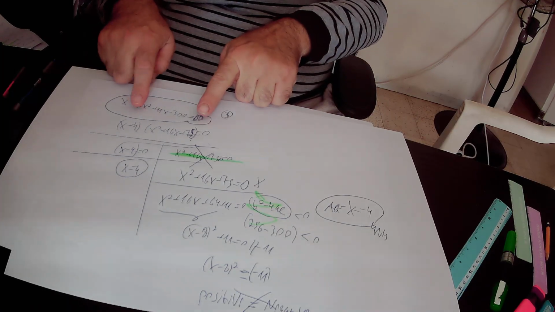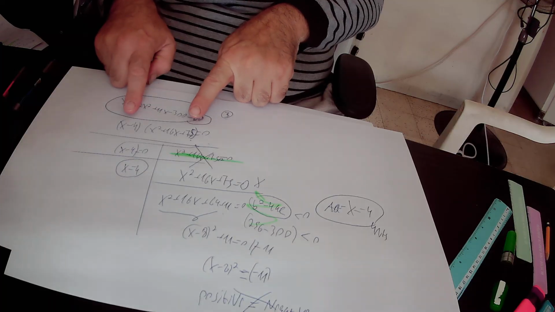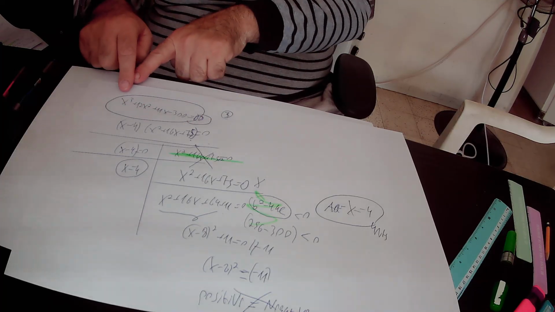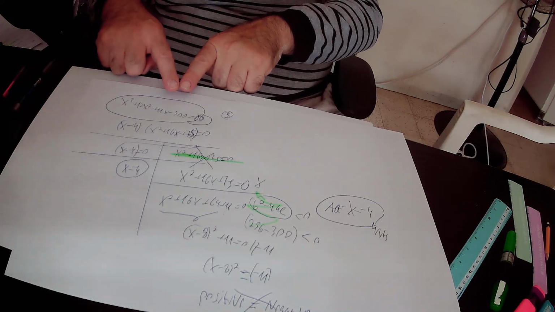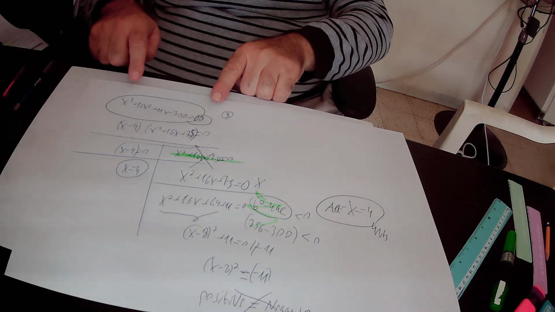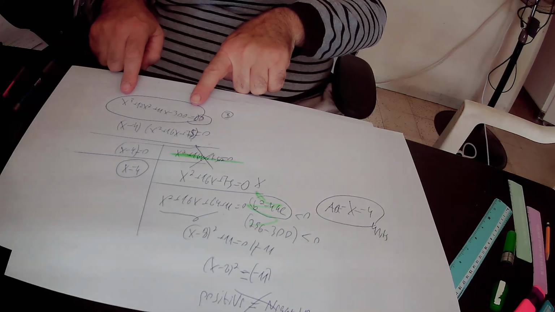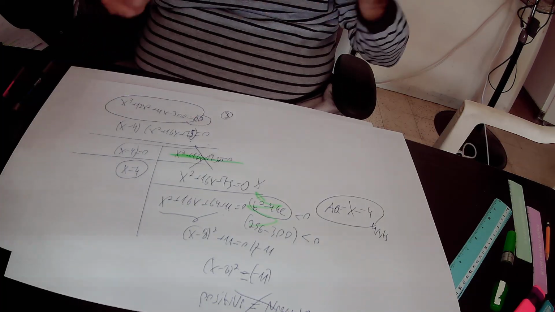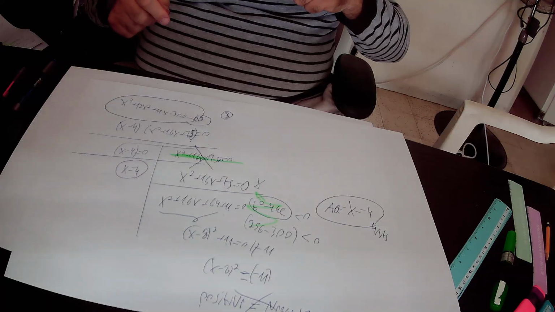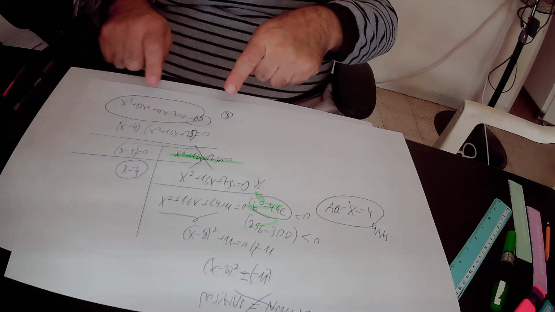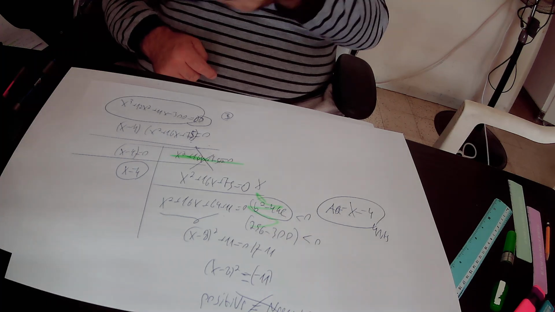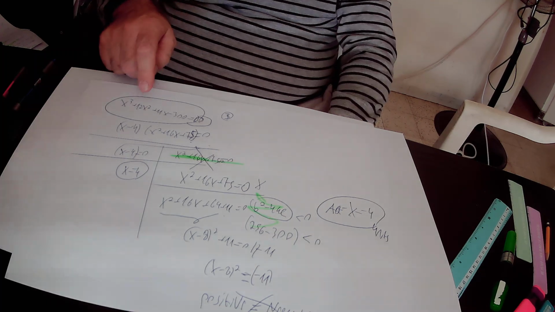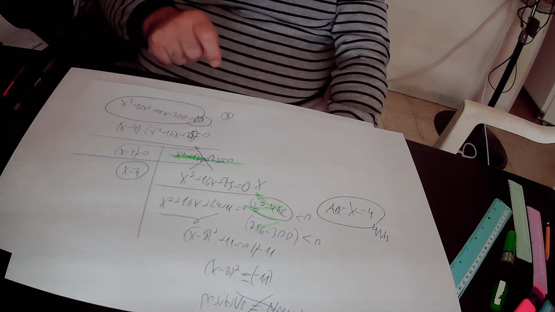If you open the brackets of this expression, you get x cubed plus 12x squared plus 11x minus 300. So we can substitute this expression by the other because they are identical, and therefore this expression equals 0. Now it is very easy to solve this equation.